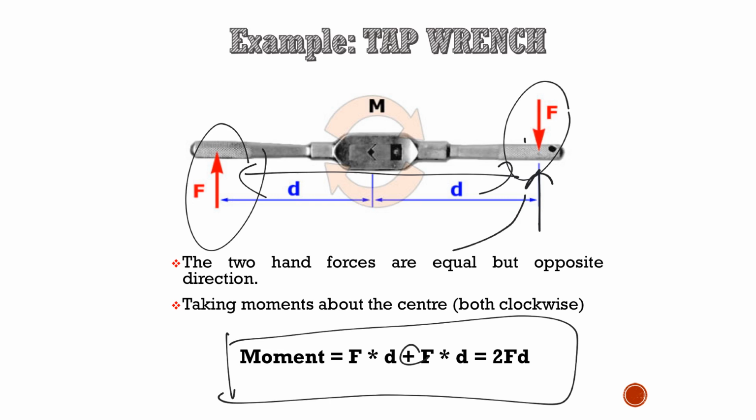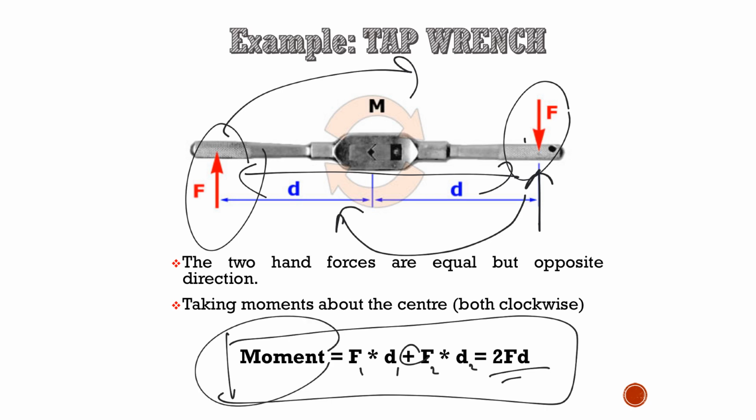As you can see, this one is moving clockwise and this one is moving clockwise. Because the force is perpendicular to the lever arm, you get force 1 times distance 1 plus force 2 times distance 2, then you get 2Fd, which means that you need to find the net moment.